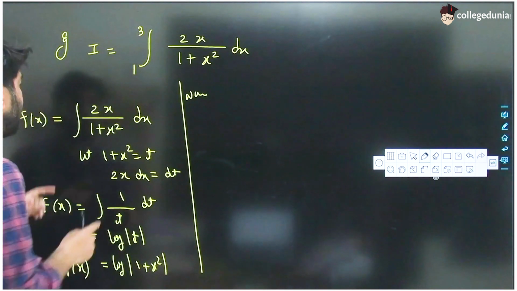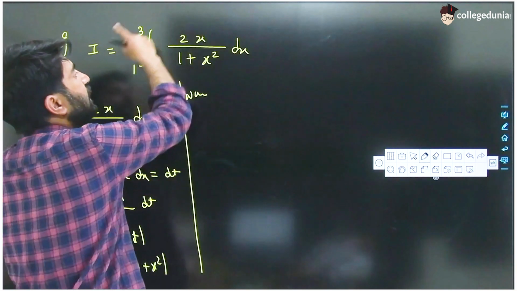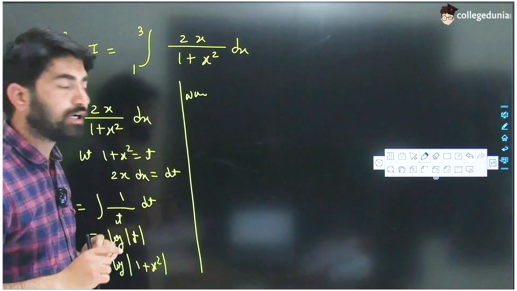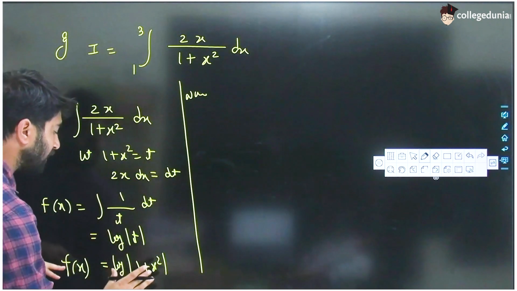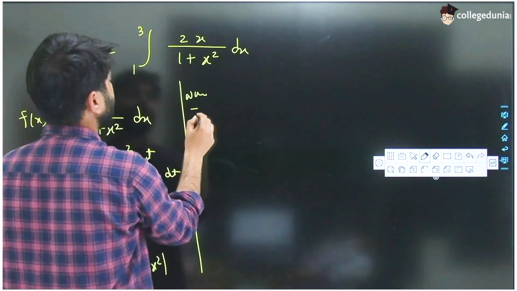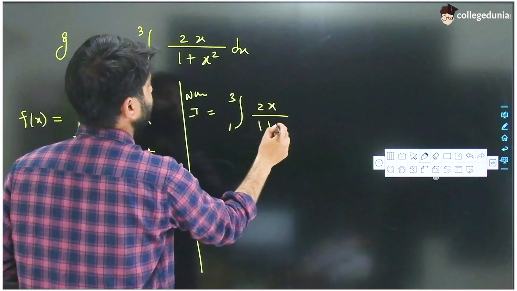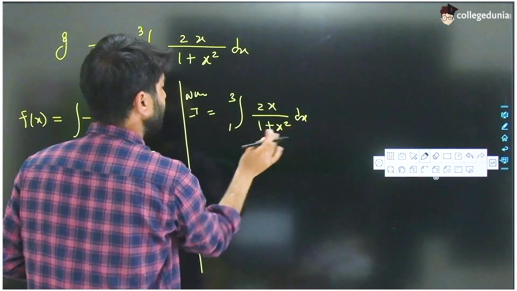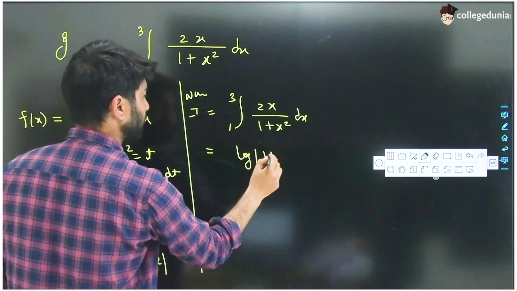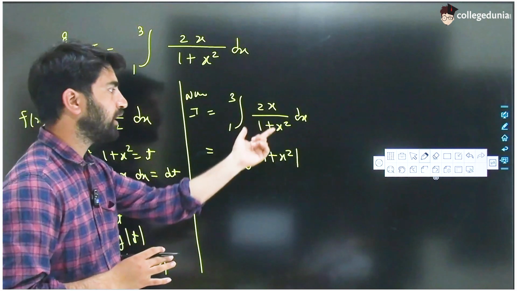But हमें इसका इंटीग्रेशन नहीं चाहिए, हमें तो लिमिट वाला इंटीग्रेशन चाहिए, लिमिट के साथ हमें इंटीग्रेशन चाहिए, राइट? तो हम क्या करेंगे, ये जो फाइनल आंसर हमारा आता है, इस आंसर में ये जो हमें 1 से 3 2x अपॉन 1 प्लस एक्स स्क्वायर है, इसका इंटीग्रेशन क्या आया? इंटीग्रेशन इज log 1 प्लस एक्स स्क्वायर. ओके, हमने इंटीग्रेशन लिख दिया, इसका इंटीग्रेशन ये है.